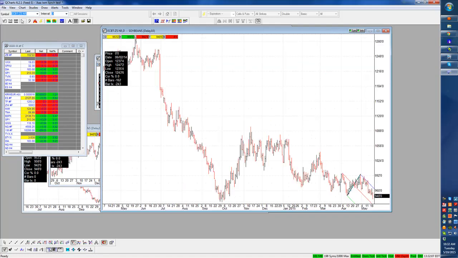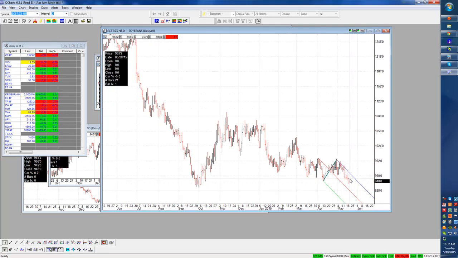Well, we can see they're trying to do a power move down. They haven't really gotten there yet. They're just kind of working their way down, and so I'm just sitting there on my short position, and that's pretty much it.